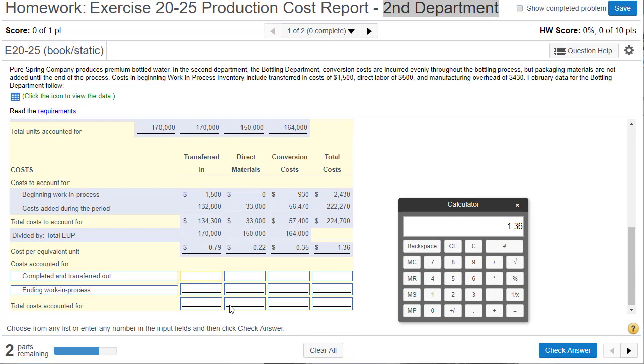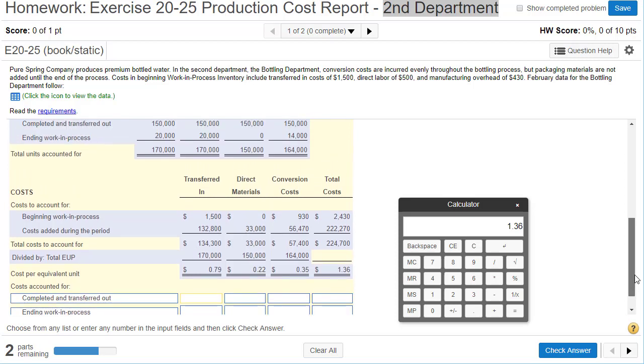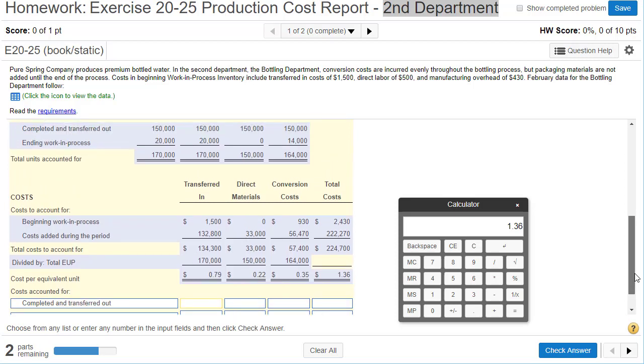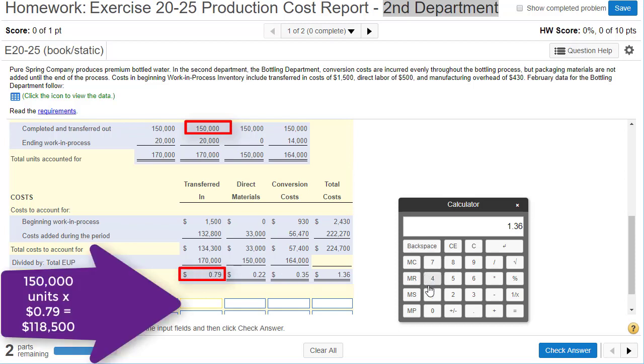So the way we're going to calculate the transferred in costs for completed and transferred out, see if I can scroll up and see everything. We're going to take this 150,000 right here, that's completed and transferred out, and multiply it by 0.79, which gives us $118,500.